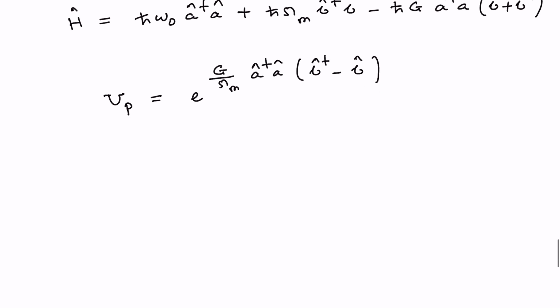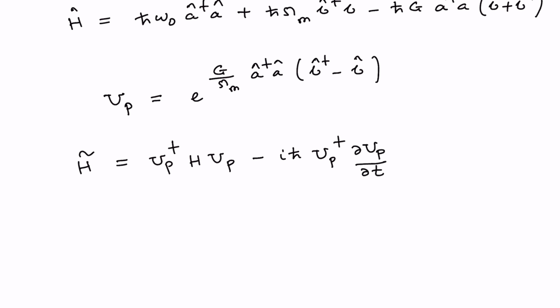Now application of this transformation will result in a new Hamiltonian, H tilde = U_P† H U_P − iħ U_P† ∂U_P/∂t, and we have already discussed this transformed Hamiltonian in a previous class in this course.